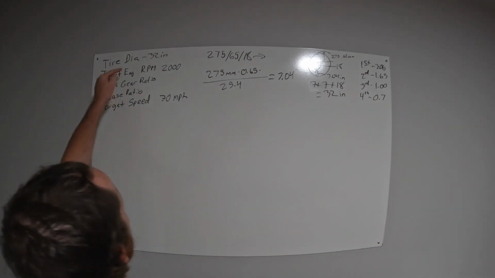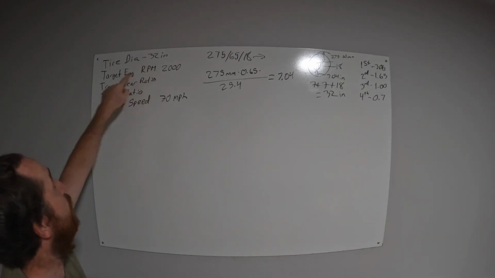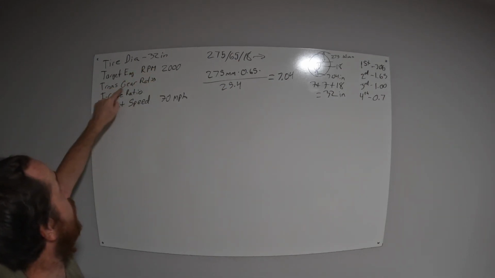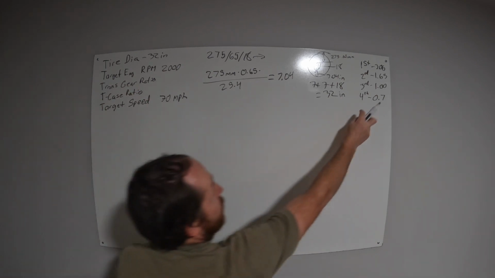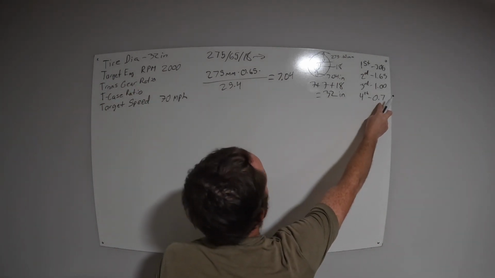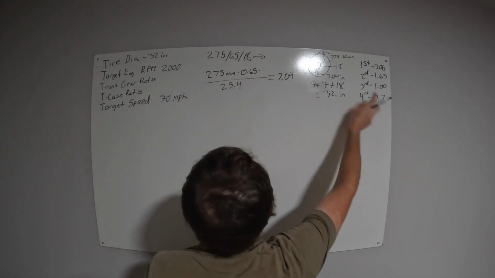Okay, so we have our tire diameter, we have our target engine RPM, and we have our transmission gear ratio, which we're going to say is in 4th gear, because that's a cruising speed. At cruising, 70 miles an hour, I want to be in overdrive.